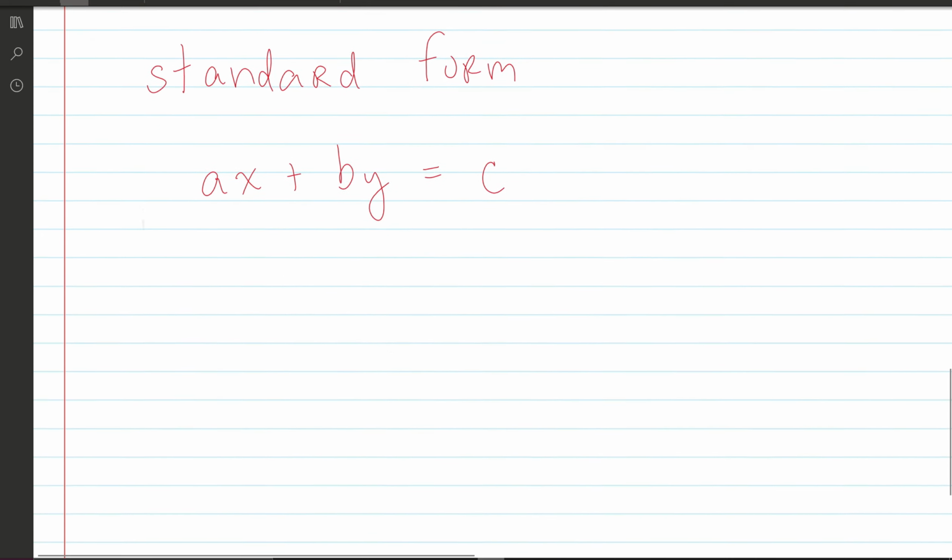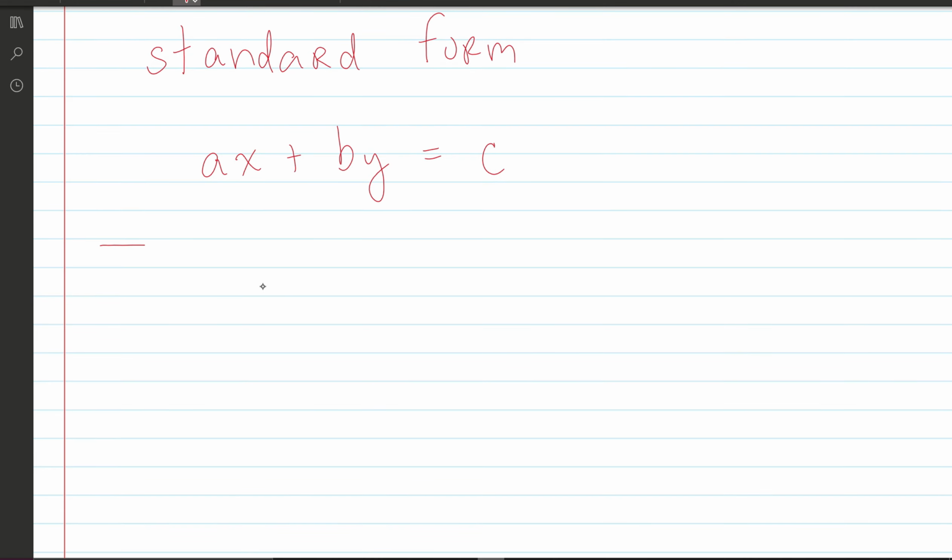Alright, let's start with an example to see how we can start applying different things to this concept of linear functions and slope. Let's say we're told to write the slope-intercept form of an equation.